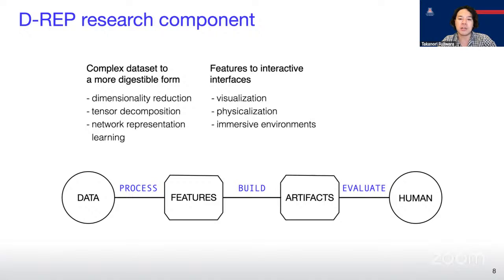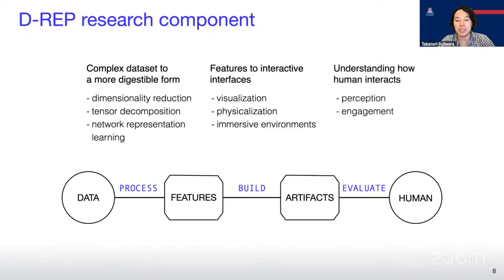Physicalization is a physical representation of data, analogous to visualization. Lastly, we also study how humans interact with and experience data through artifacts by investigating how they perceive and engage with data. But in today's talk, I will not cover the evaluation work much and will focus on the process and build steps.